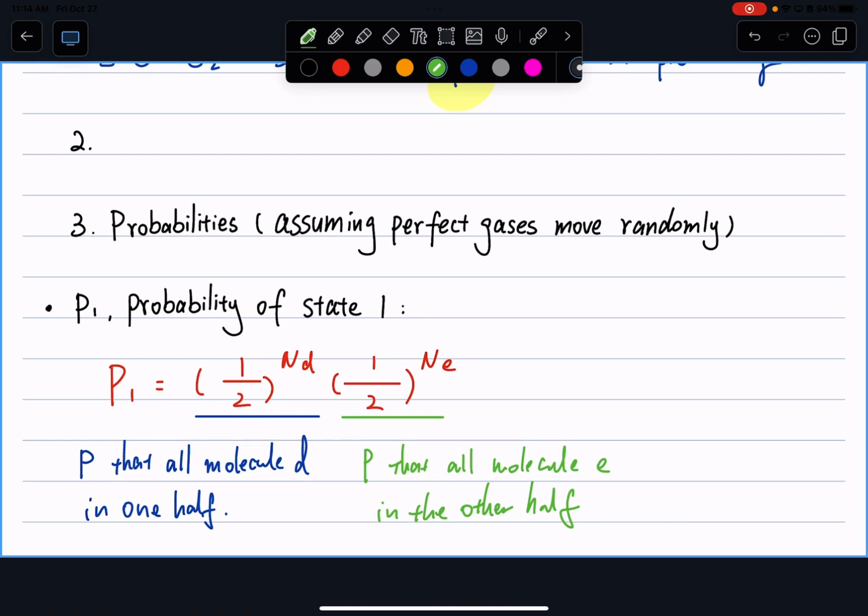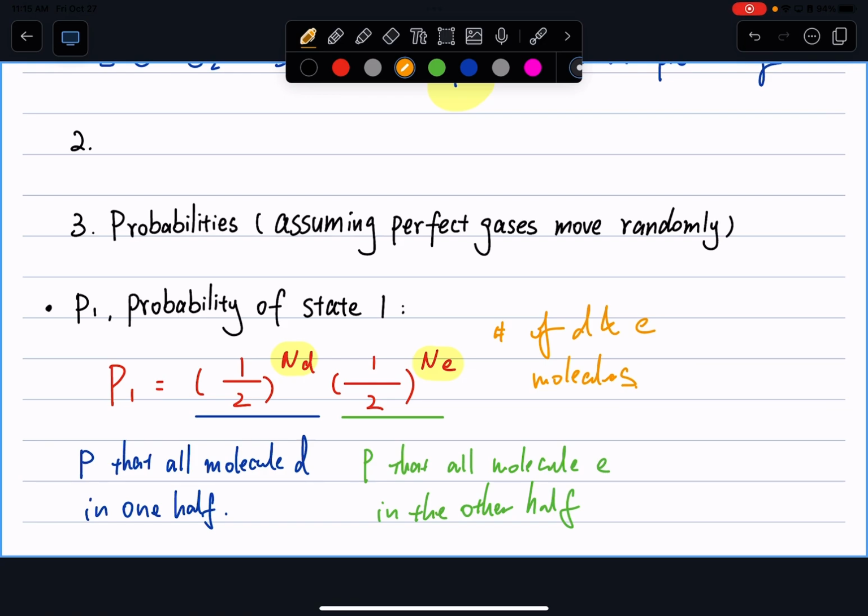For every one of them you have 1/2, but then depending on the number of molecules, that's to the power of N_D and N_E, the numbers of D and E molecules.